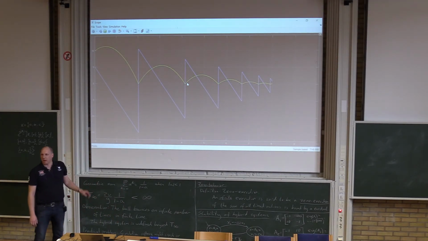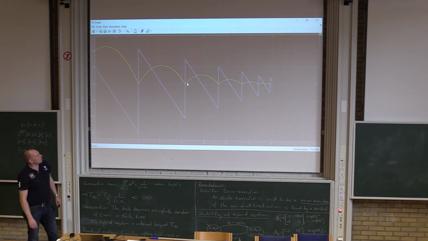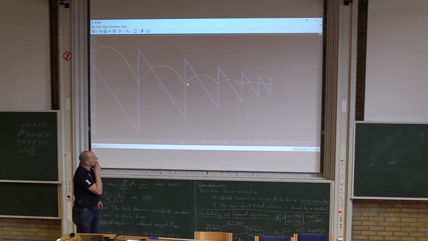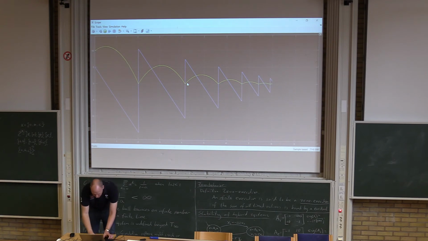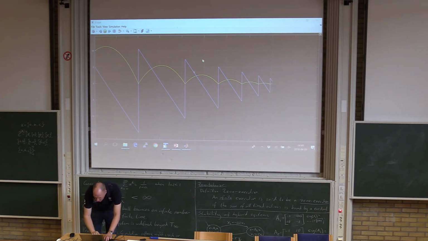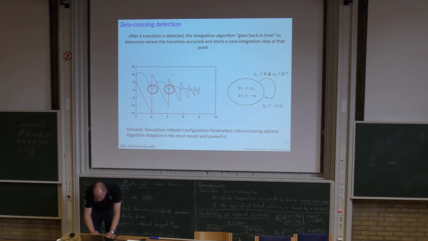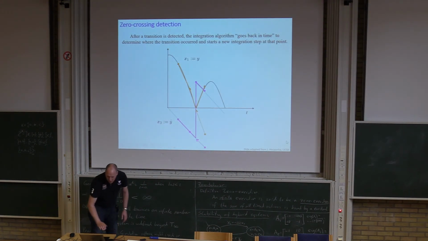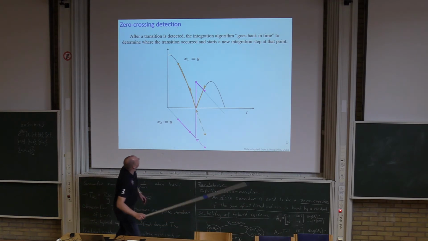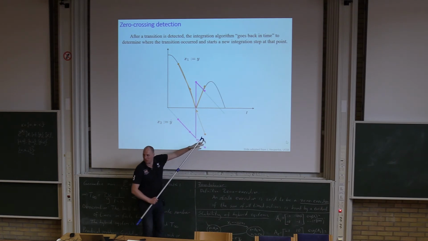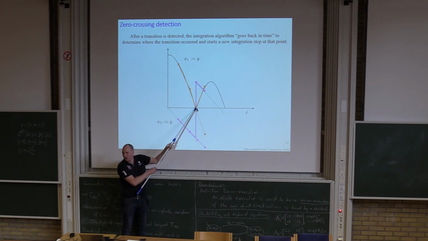Now we got this behavior, which is more what we expect. What will happen here is that if we have this enabled, it will try to detect that it took too big a step size, go backwards, and figure out where this zero crossing happened.